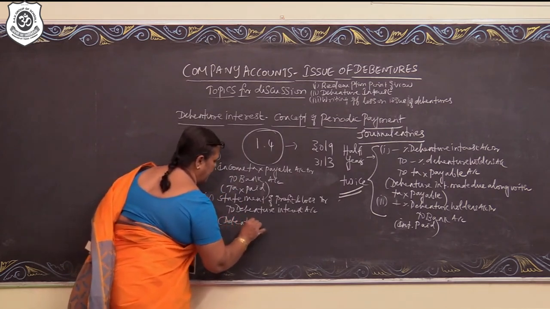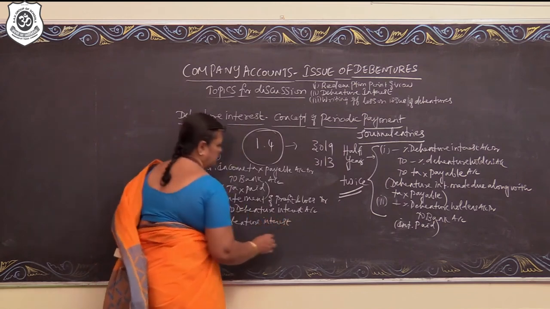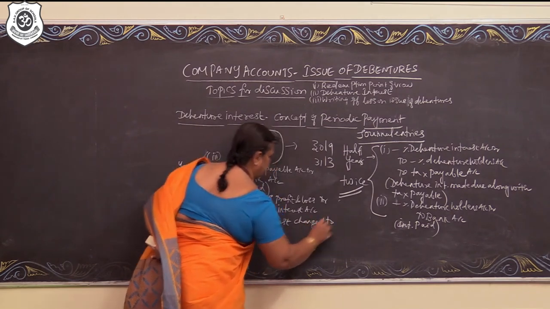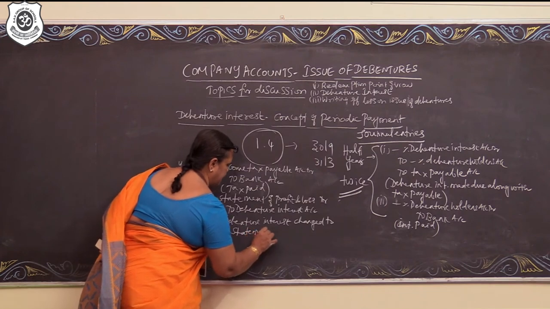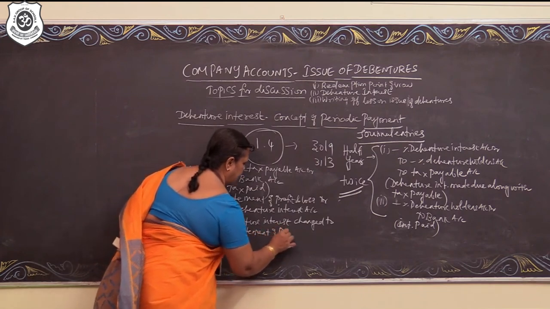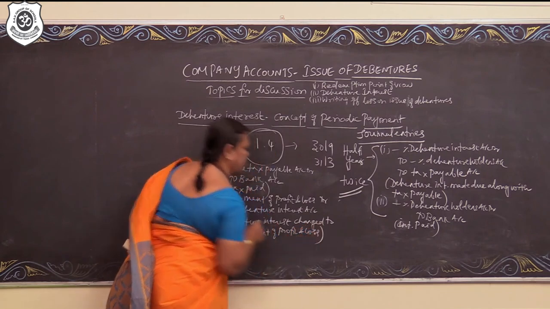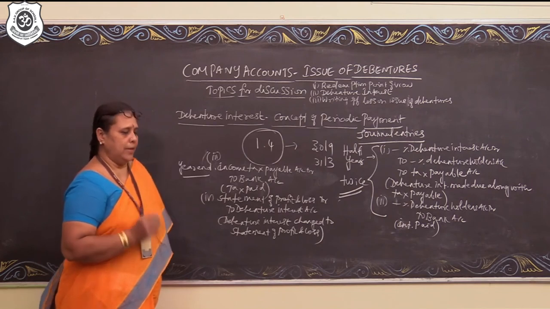Debenture interest charged to statement of profit and loss. So these four entries will be passed at the end of the year.